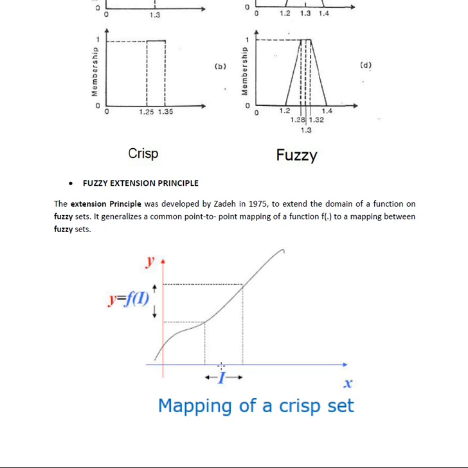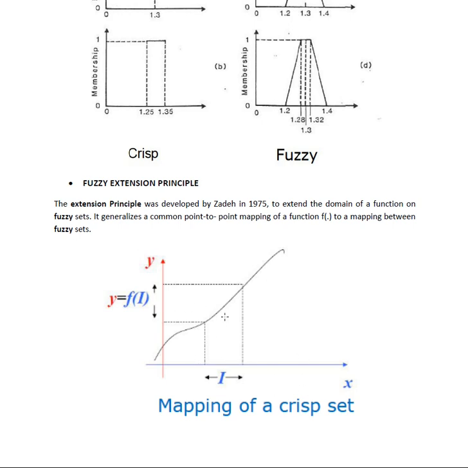So if this is crisp, the output y is also crisp. Whatever value you are generating from here, the output y depends upon that input. So the extension principle gives the idea about the mapping of the input x to the output y.